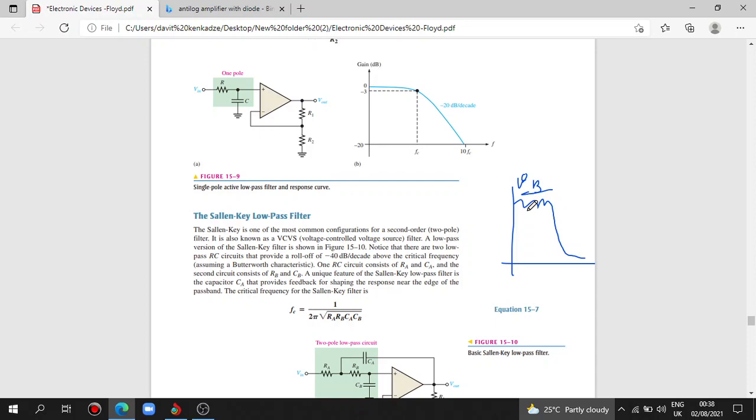The faster the transition, the more ripples you have.